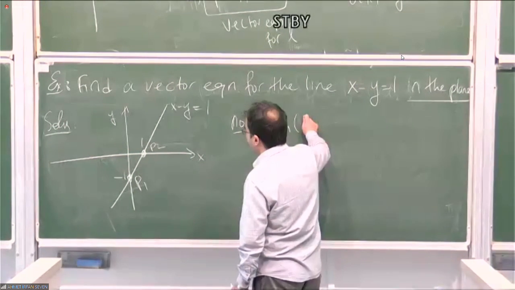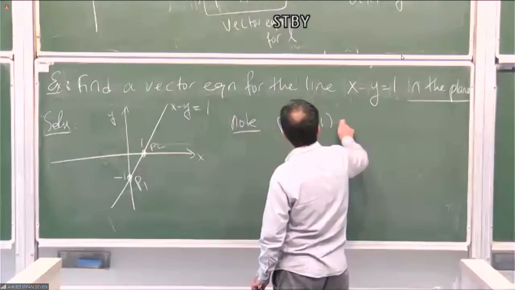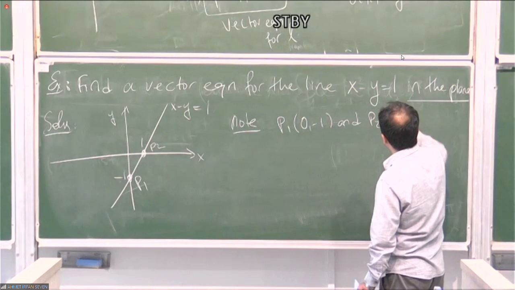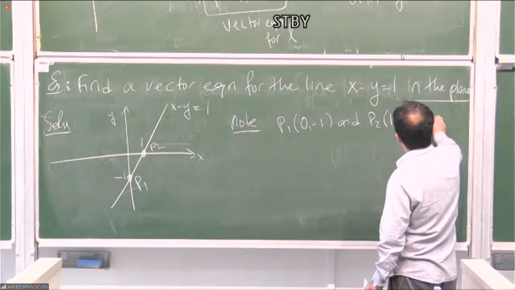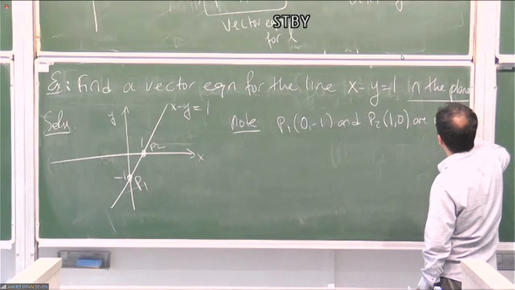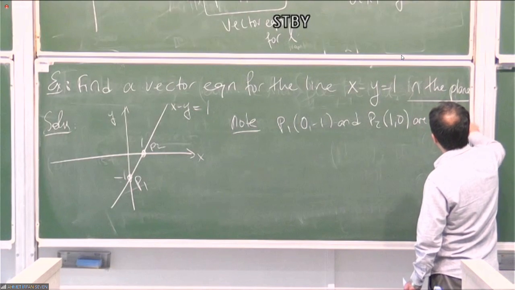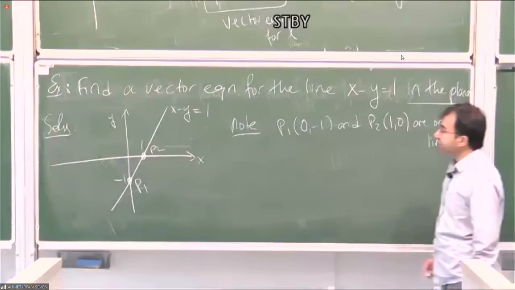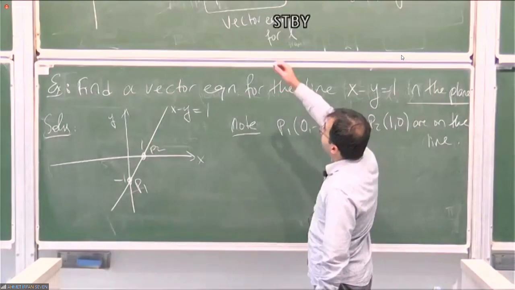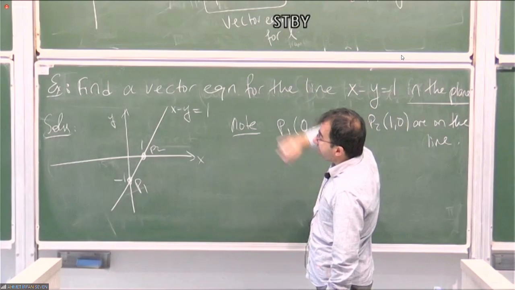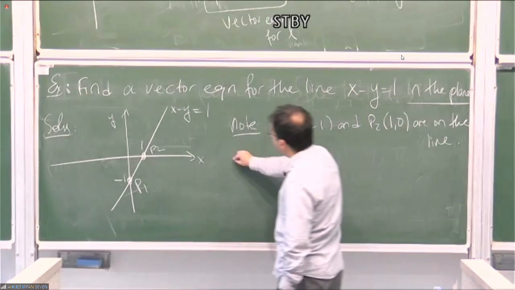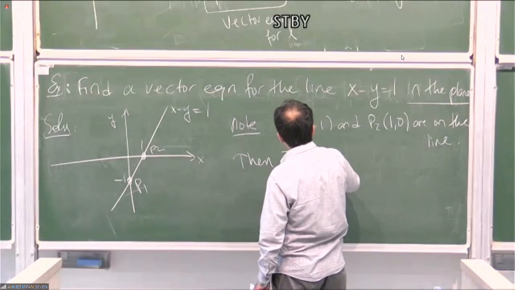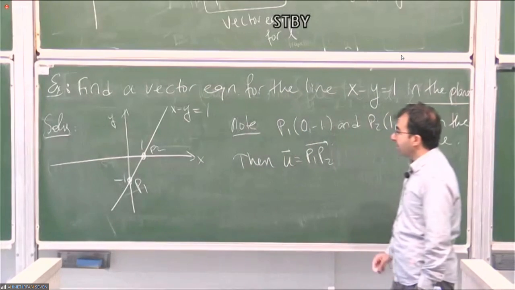P1 (0, -1) and P2 (1, 0) are on this line L. In fact, they are intercepts. Anyways, doesn't matter. Now we need a direction vector, and we can write a direction vector using these two points. The vector P1P2 is a direction vector.